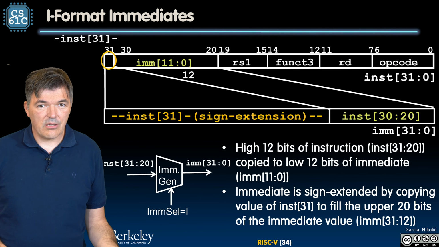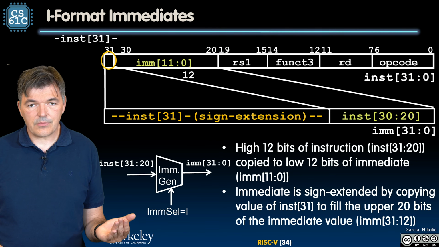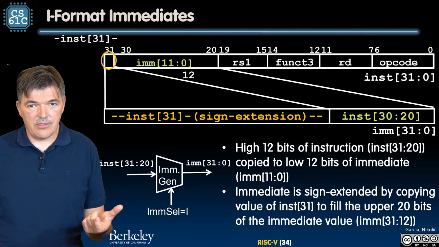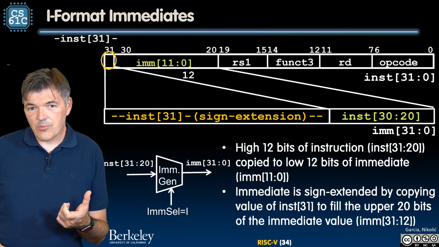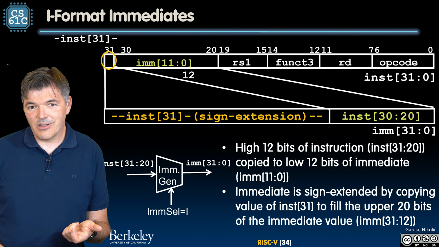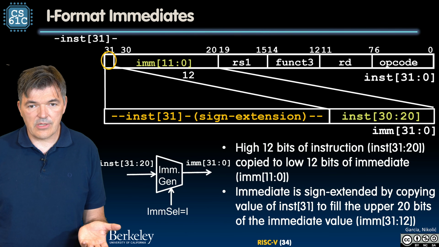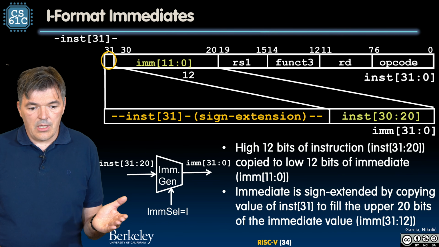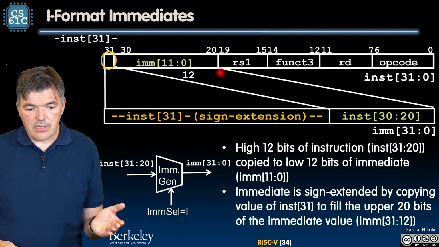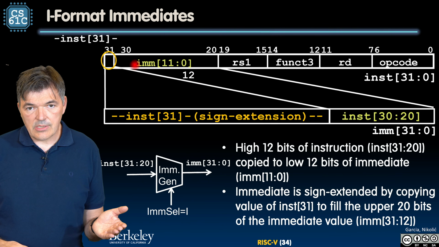One more thing here is how we generate the immediate. If we just needed to support I-type immediates, that would have been very simple. Our I-type immediates are in the upper 12 bits of the instruction.